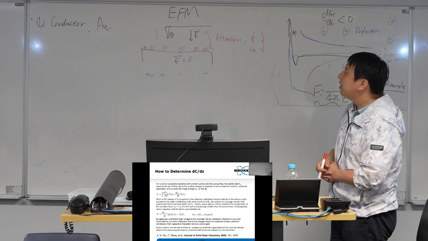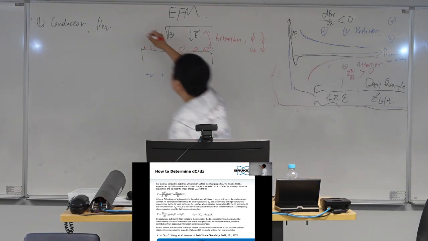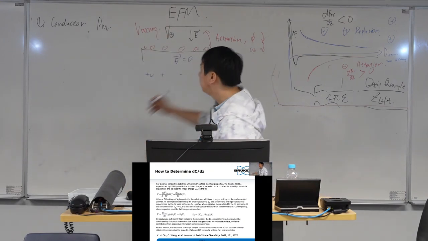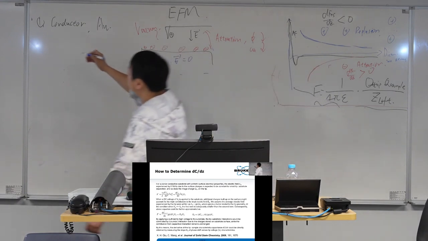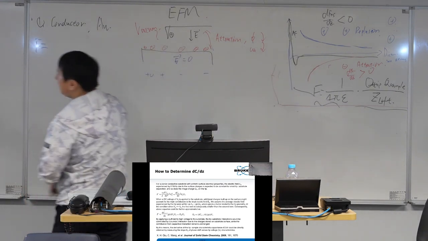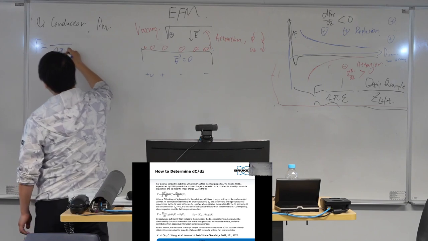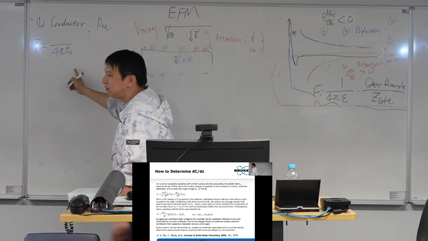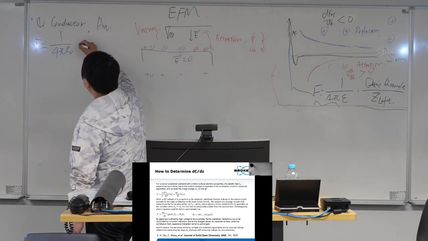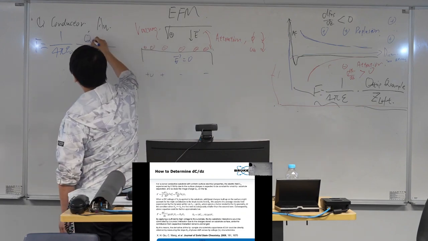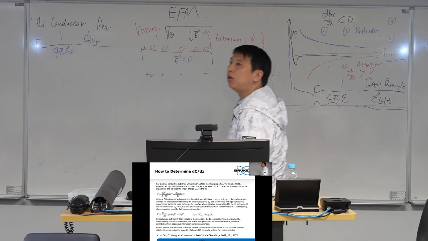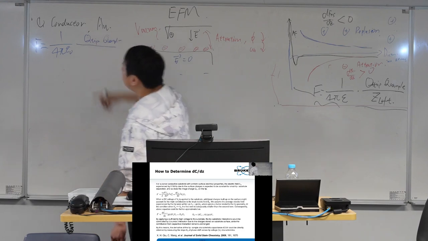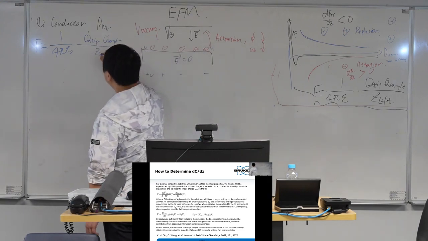So, for example, if we place this thing in vacuum, this interaction force will be what? This force will be 1 over 4 pi epsilon 0. That's the dielectric coefficient of vacuum, right? And this one will be Q tip. What's the Q sample? Should be the same, right? The Q sample should be the same, equals the Q tip, and the distance is the Z tip.